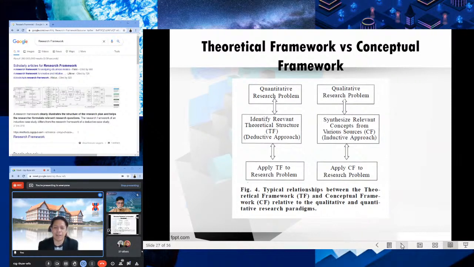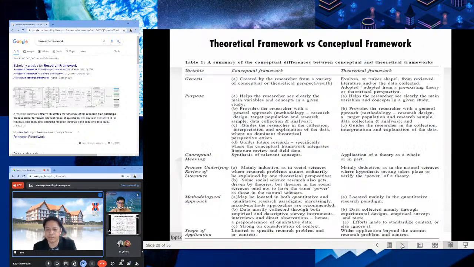If you see the pattern, the similarity is that if you want to develop the theoretical framework or conceptual framework, it must be based on the research problem, because when we do research, we need to address the problem. The benefit of our research is to solve not all the problems, but some of the identified problems. That means being very focused in our research.